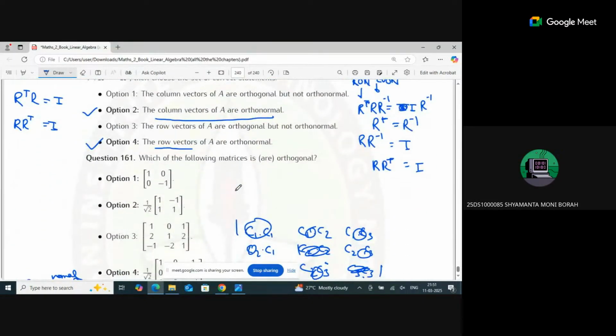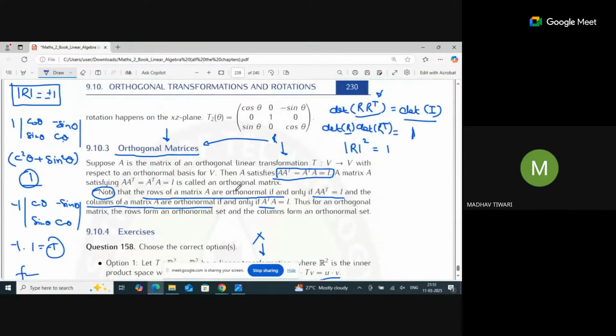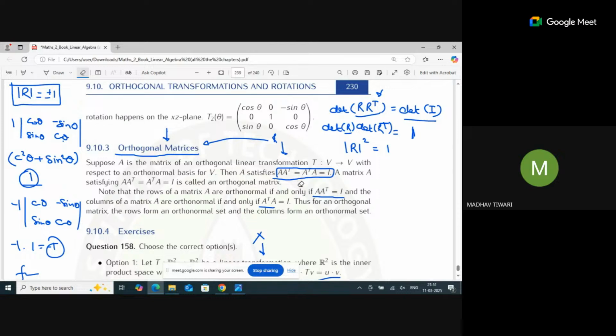Sir, can you please show the statement again? Okay, here. So the rows are orthonormal only if A into A transpose is I, right?